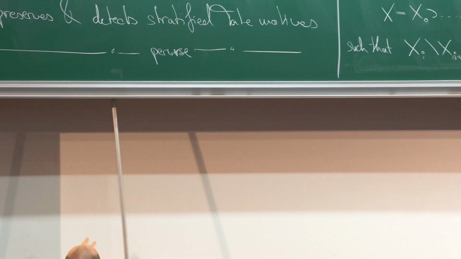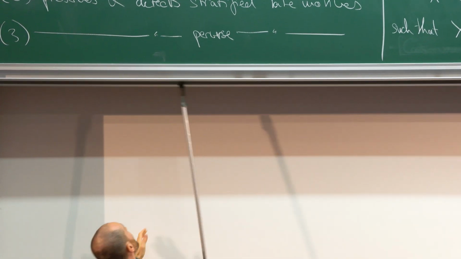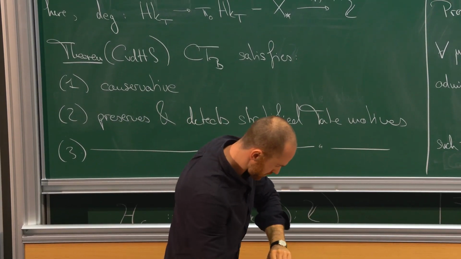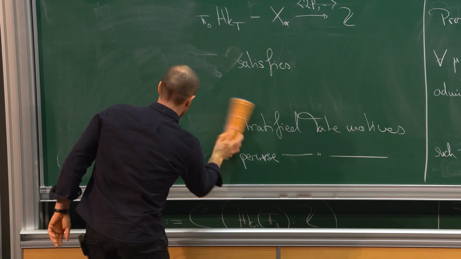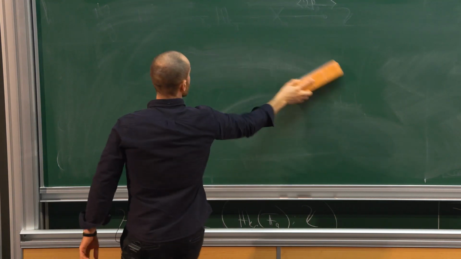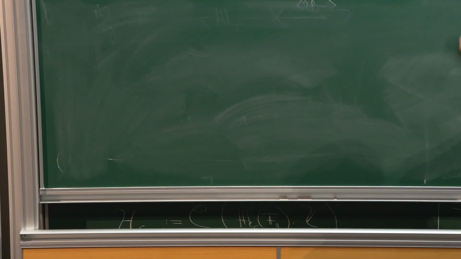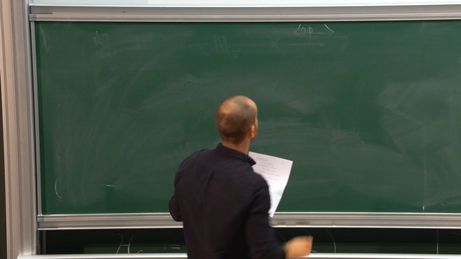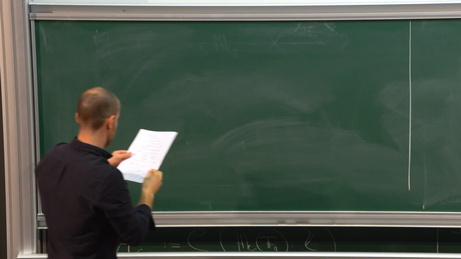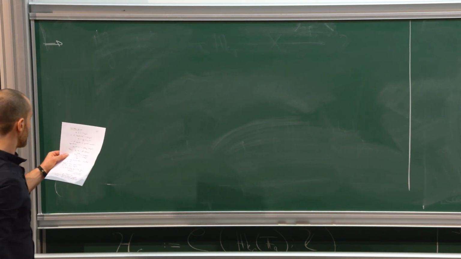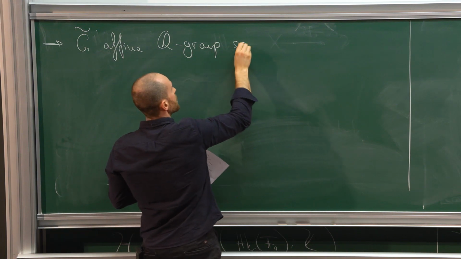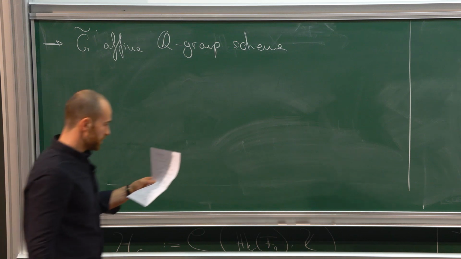Let me change the boards. And what you conclude from this is that G tilde is at least some affine Q group scheme, together with a Z grading of its global sections.